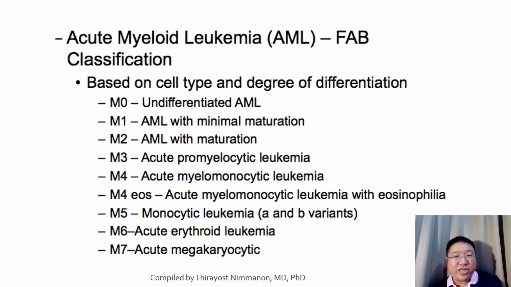According to FAB classification, acute AML may be classified according to cell type and degree of differentiation.